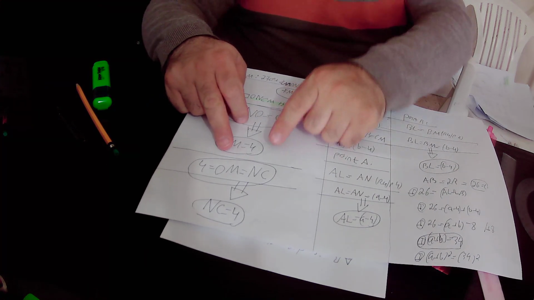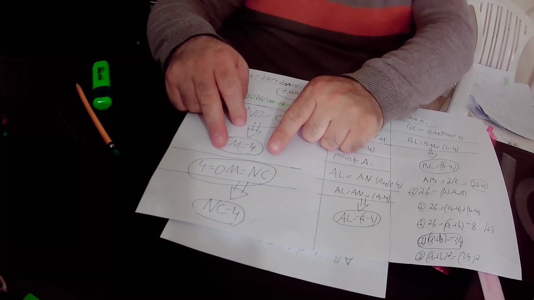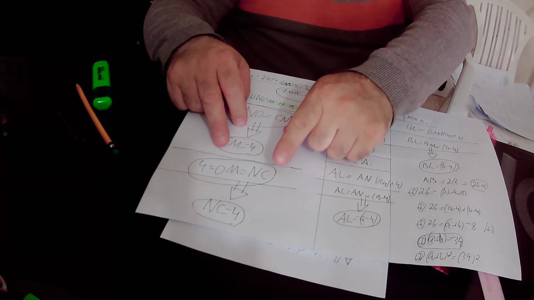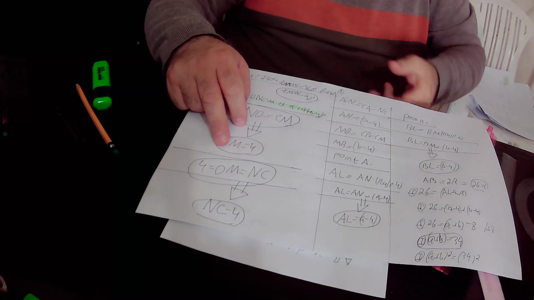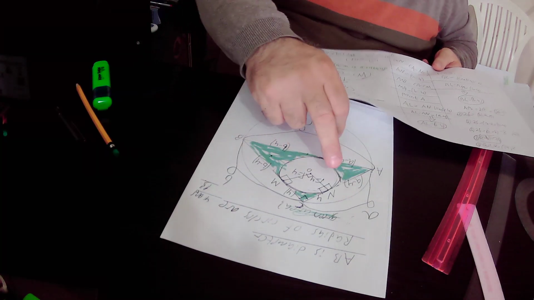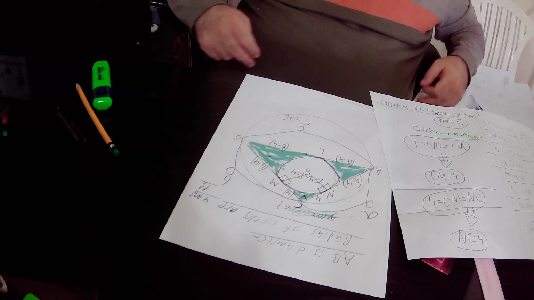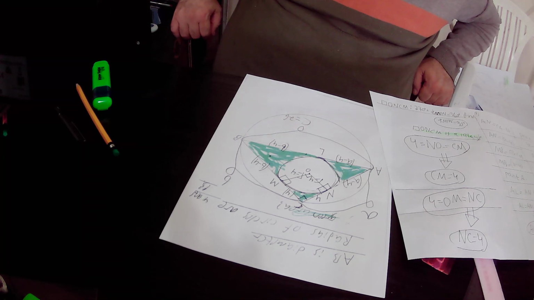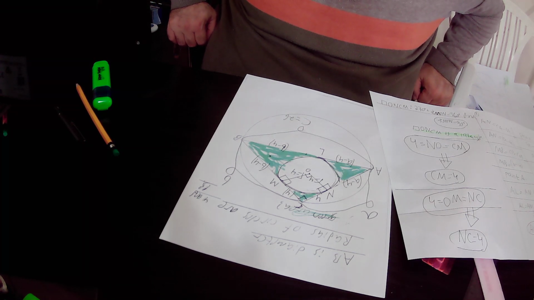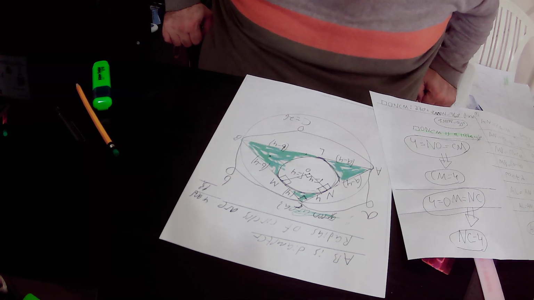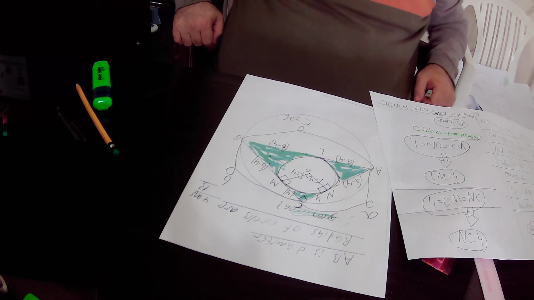So from this equation, 4 equals OM equals NC, we will derive that NC is also equal to 4 units. So all the sides of quadrilateral OMCN are equal to each other, therefore quadrilateral OMCN is not a rectangle but a square. Okay?